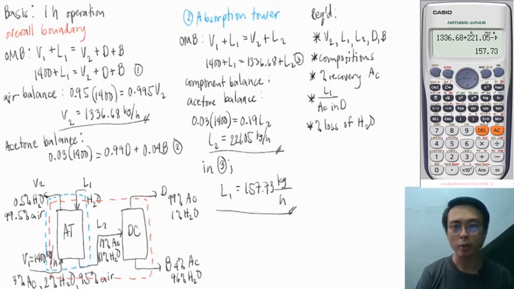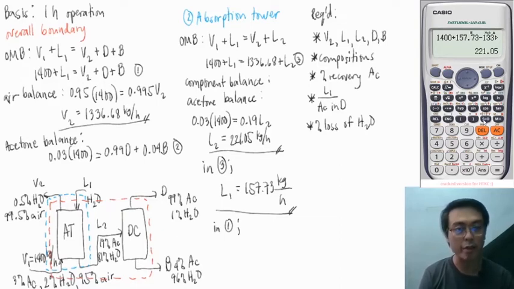If you go back to equation number 1, we can now simplify that equation. In equation number 1, what do we have? 1400 plus L1, 157.73 minus V2. V2 is 1336.68. Therefore, we have 221.05.